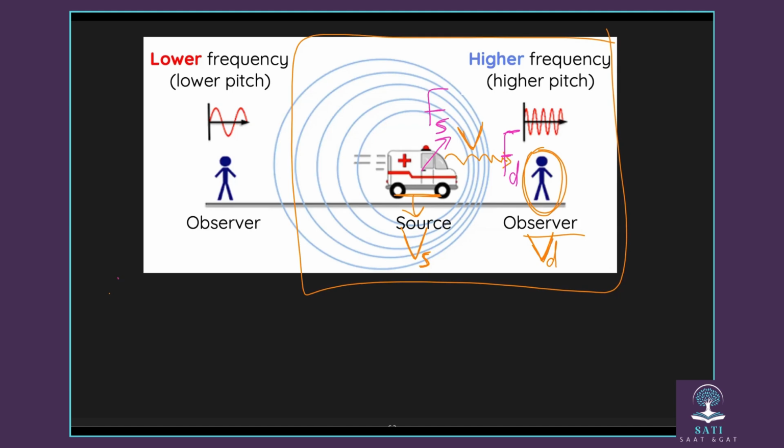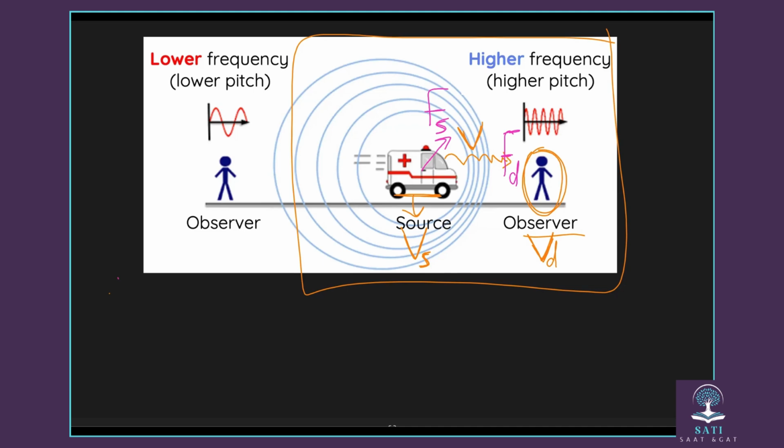So how many variables do we have here? We have five variables. These five variables are linked together in one equation. What is our goal? The value of the frequency that the detective will listen to.